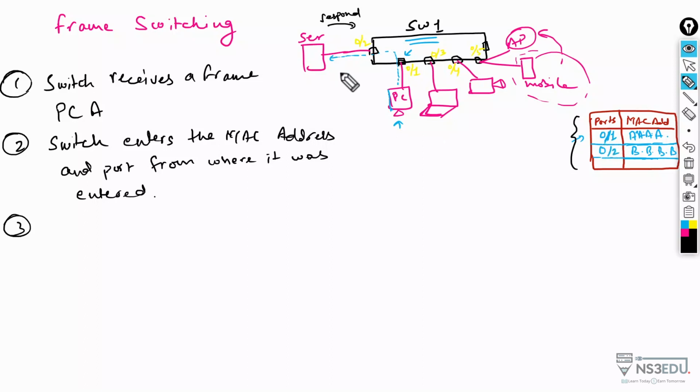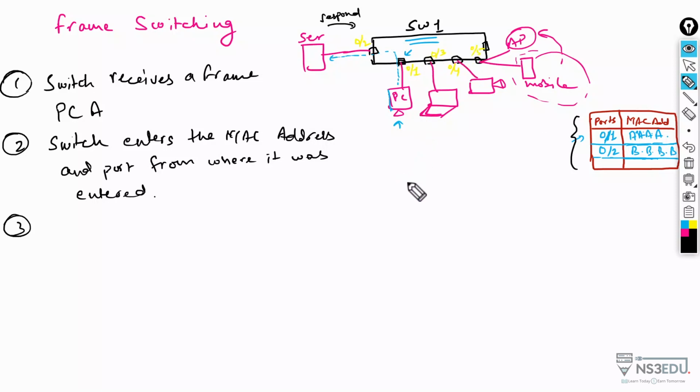So switch 1 will directly receive the packet from this PC at this interface, and it will directly forward it to the server. Meanwhile, if the switch hasn't learned these two MAC addresses and these two ports, what will the switch do? It will flood the packet.